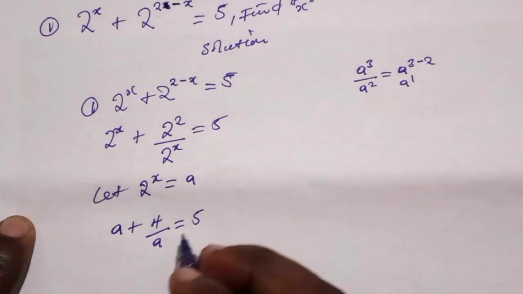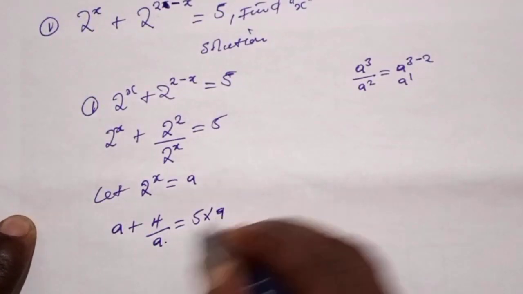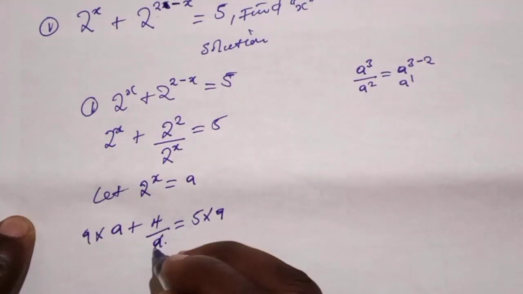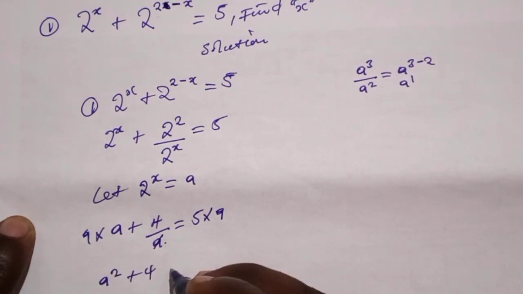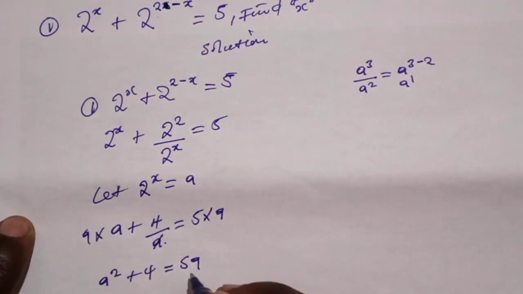Then we multiply both sides by a, and we are going to remain with a multiplied by a, which is a squared, plus 4 equals 5a.